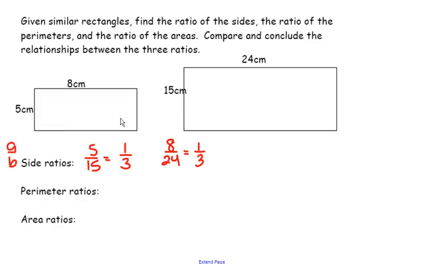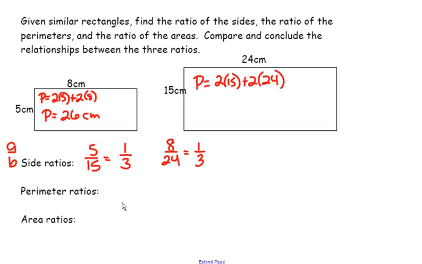Now, if I find their perimeters, well, the perimeter of this guy is going to be 2 times 5 plus 2 times 8. So his perimeter is going to be 10 plus 16, so 26. And the perimeter of this guy is going to be 2 times 15 plus 2 times 24.